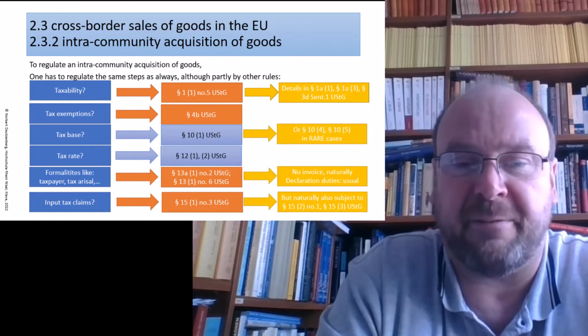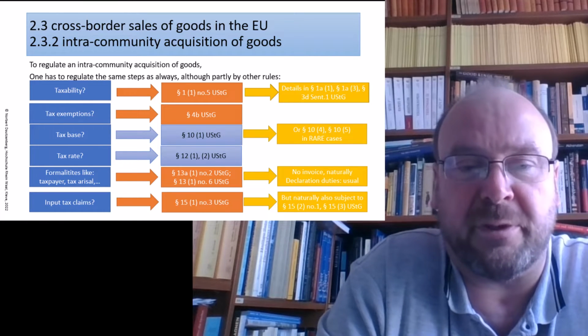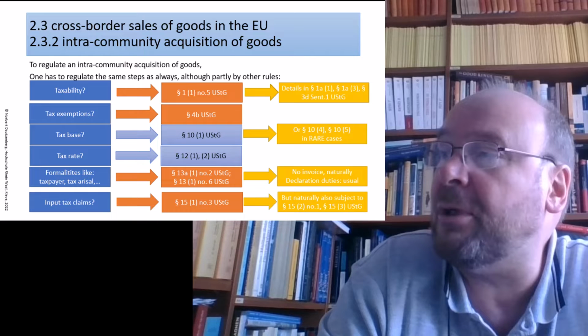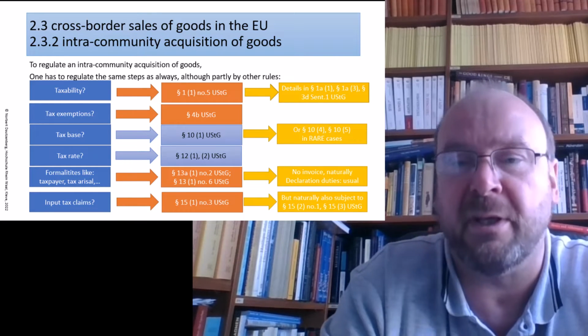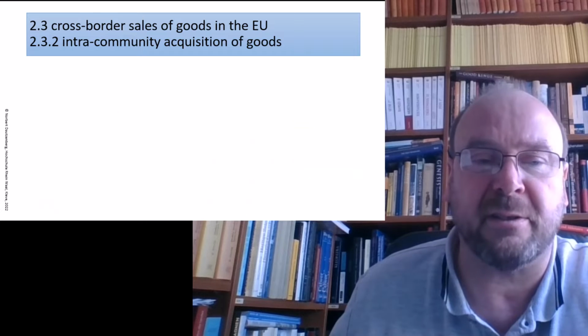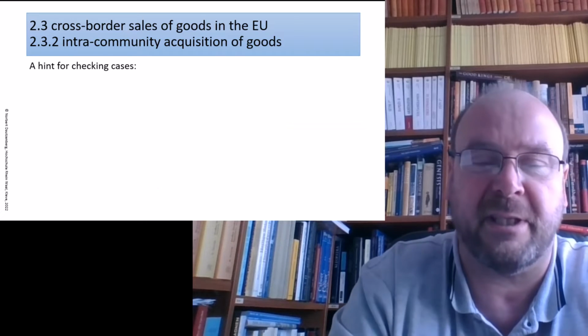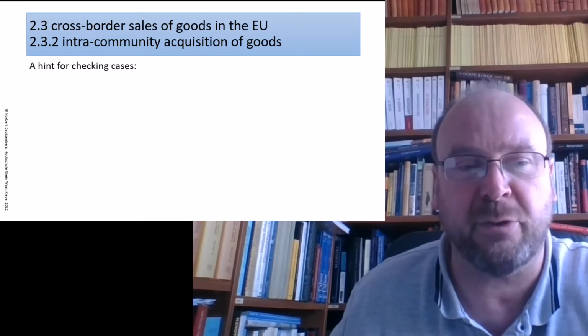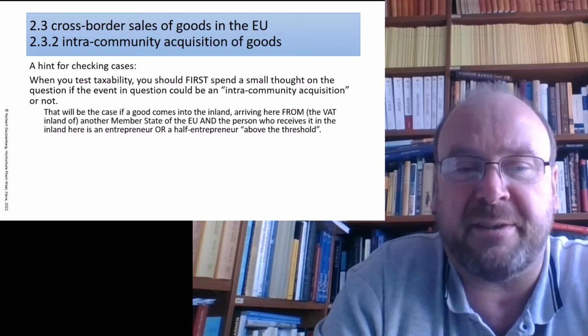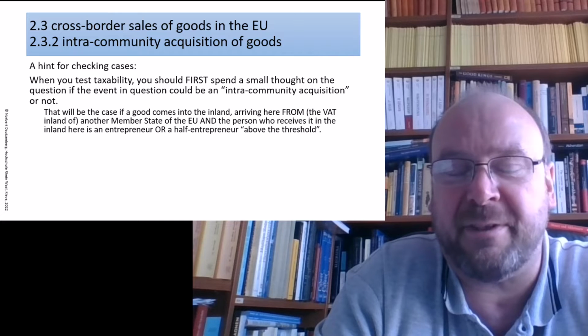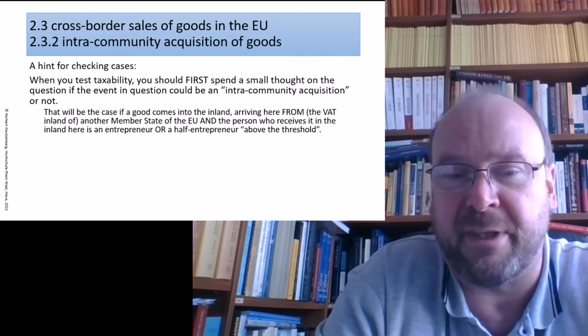So here you have now the full overview of the rules which you need to check one by one when it comes to an intra-community acquisition of a good. Well, but the first hint for checking cases is, when you begin to check a transaction, you should first spend a small thought on the question of whether the event in question can be an intra-community acquisition or not.